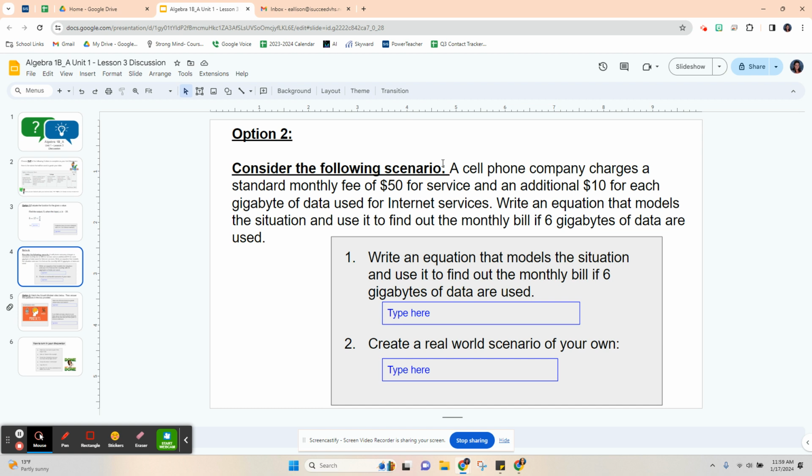Okay, so our equation here, if the bill is for 6 gigabytes, we would have y equals $10 for each gigabyte, so 10 times 6 plus $50 of your monthly fee. Okay, so y equals, let's do this.